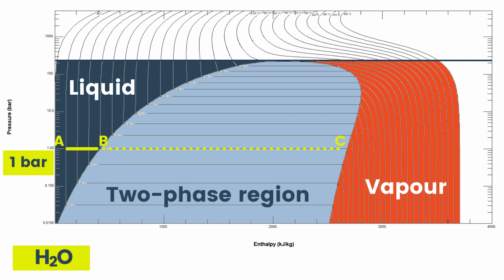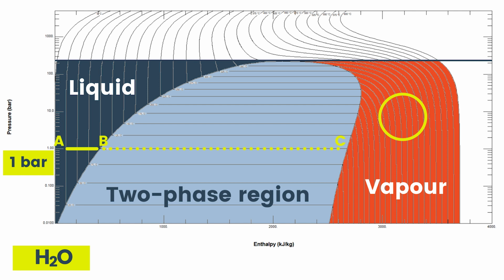So the distance between my constant temperature lines, that is my specific heat. You can see the lines are a lot closer together for the vapor than they are for the liquid, which means steam has a lower specific heat than liquid water. That means that the same amount of energy will heat up steam more than it would liquid.